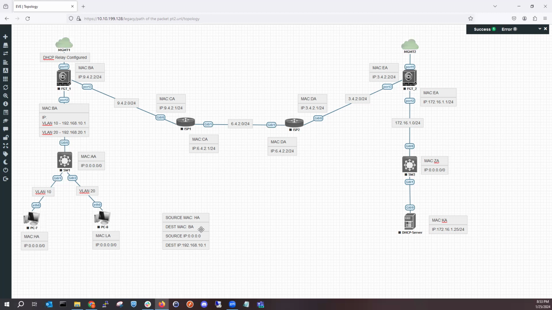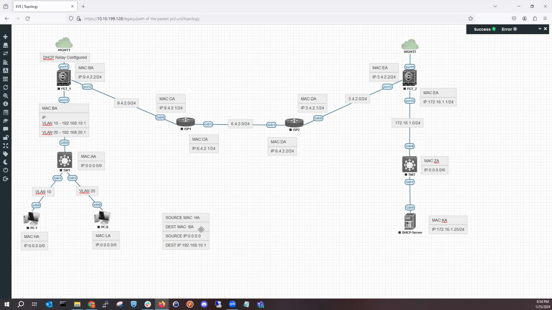Frame at layer 2, packet at layer 3. What is it doing at the D part of the DORA process? What is it doing if it doesn't know who to reach out to? It sends a broadcast. Okay, excellent.